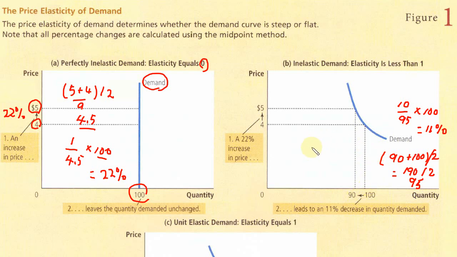So if you see this, a 22% increase in price, then the demand changes by 1%.